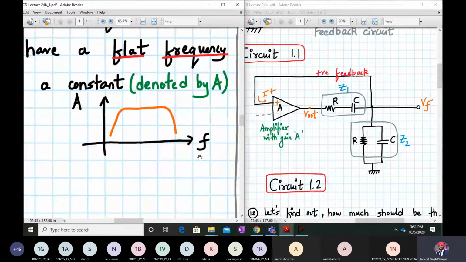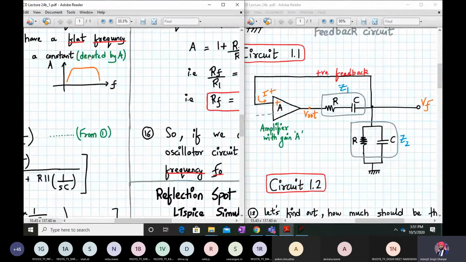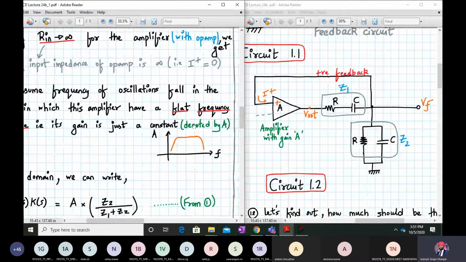What we are assuming is that we are operating at a frequency where the gain is constant, it is not dropping. That is the assumption we are making. That means we should design an oscillator which is not of very low frequency or very high frequency. That care we have to take.